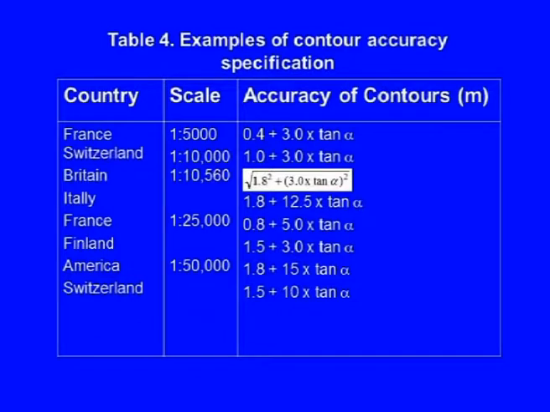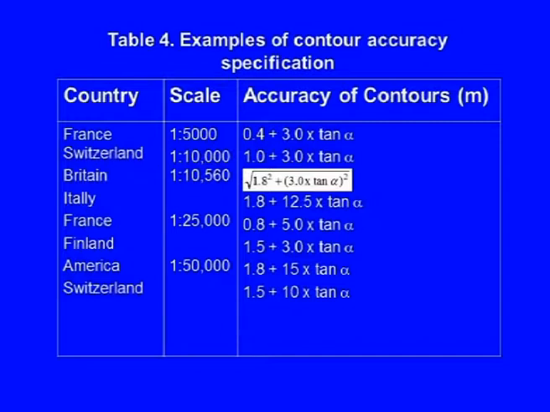Normally, when we look at the accuracy specifications for contours, we find that for different regions or different countries, depending on the scale of mapping, the accuracy of the contours can be defined. For example, in France, where the scale of mapping could be 1:5000, the accuracy of the contours can be expressed as 0.4 plus 3 multiplied by tan alpha, where alpha is the slope.